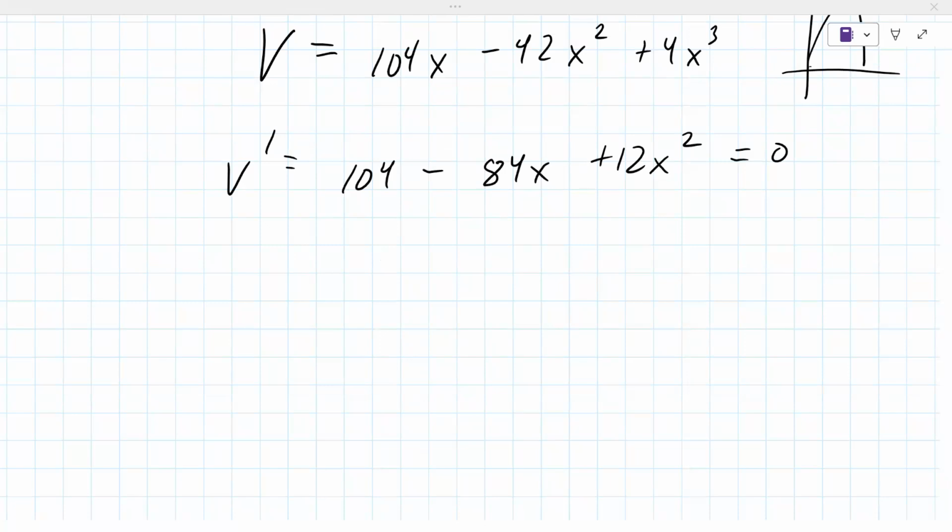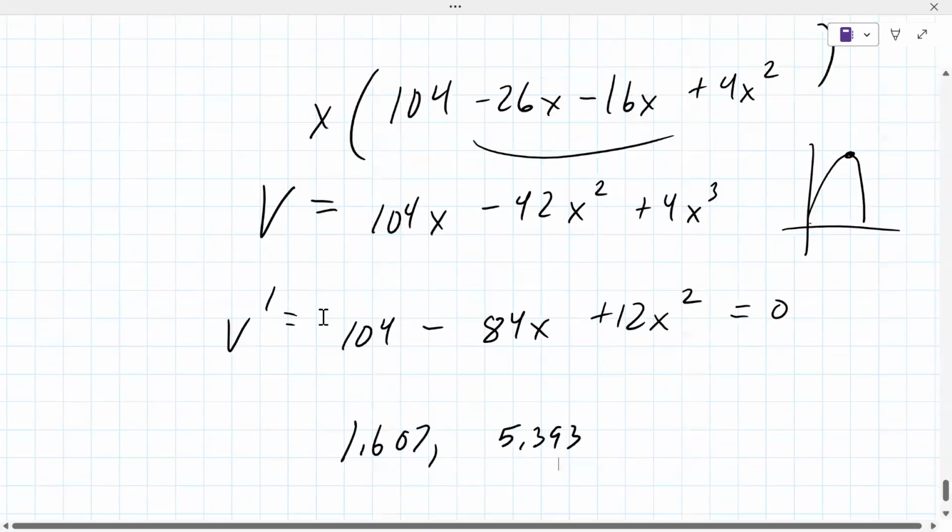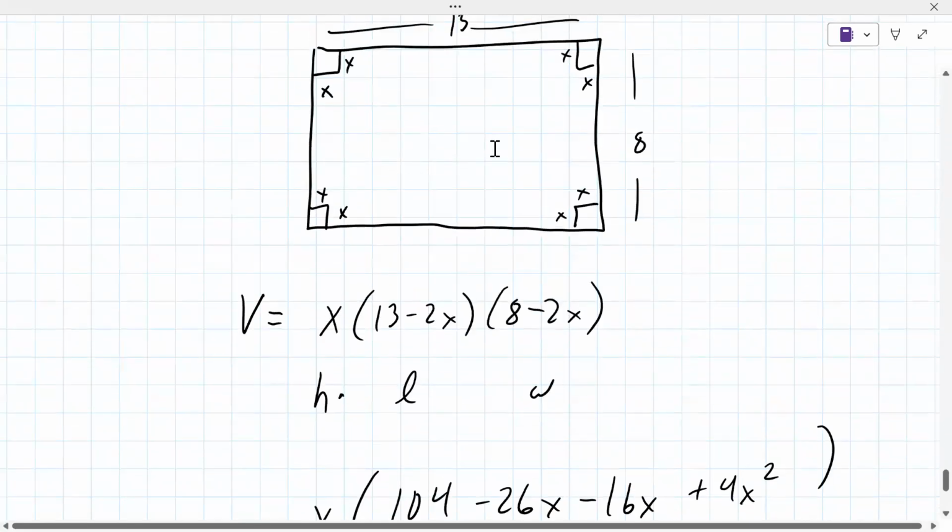Oh, there's two zeros. There's two answers, but they may not both be correct. There's always a domain restriction. In this problem, you can't fold the box over onto itself.